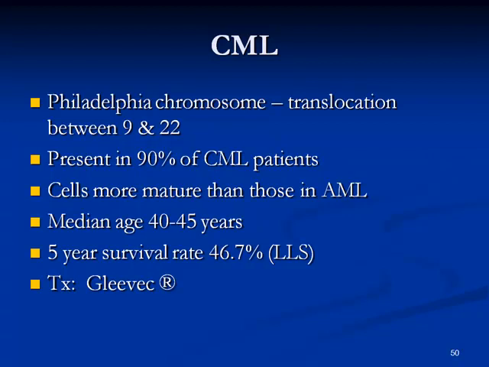And that genetic mutation or alteration is present in 90% of cases of CML. The median age is 40 to 45 years, 5-year survival rate's about 50%. And then we mentioned last week this drug Gleevec is used in GI tumors, also used here in leukemia as well.